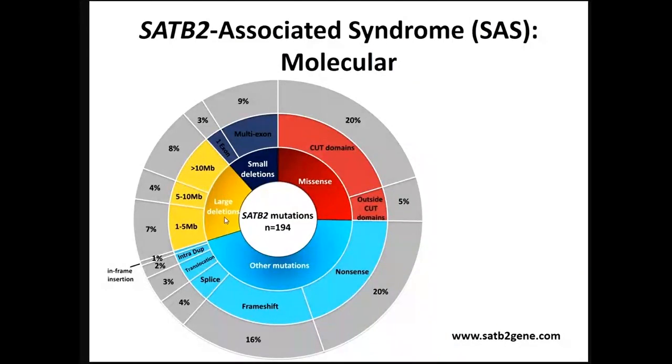Again, the large deletions add up to 19%, small deletions, whether just one exon, which again are those 12 boxes within the gene, or multiple exons, another 12%. And then the most common type of mutation is what we call missense, about 25%, and then you have the other types of mutations. So you get an idea of the breakdown of how this happens.